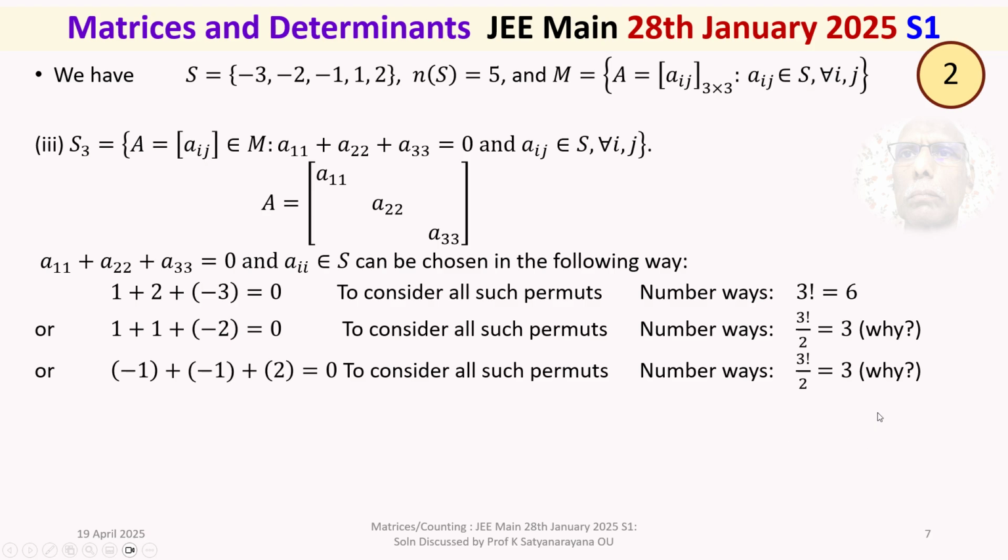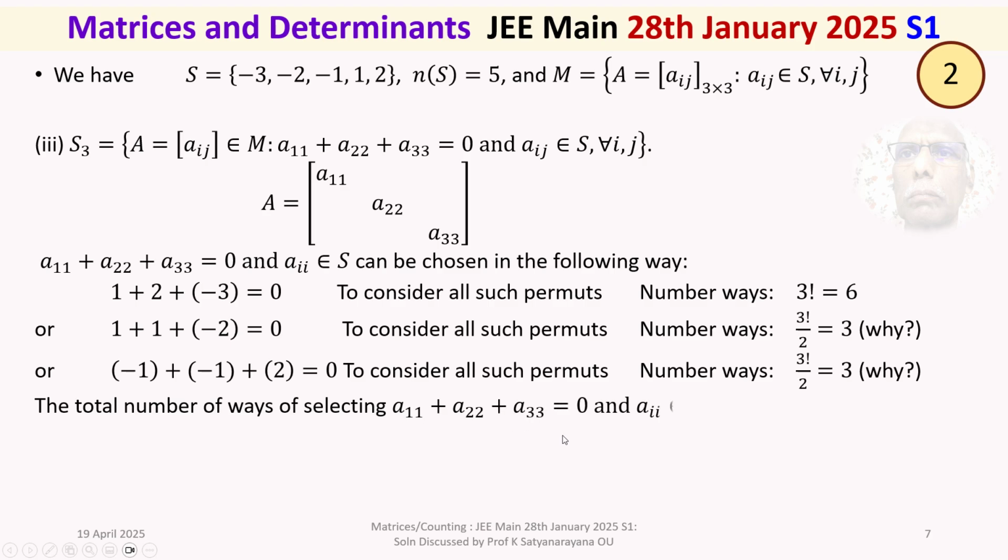So these are the number of ways of selecting the diagonal so that the trace is equal to 0. Is there any other way? Is there any other choice? No other choice. Therefore, the total number of ways of selecting the diagonal with trace equal to 0 is 6 plus 3 plus 3, that is, 12 ways.